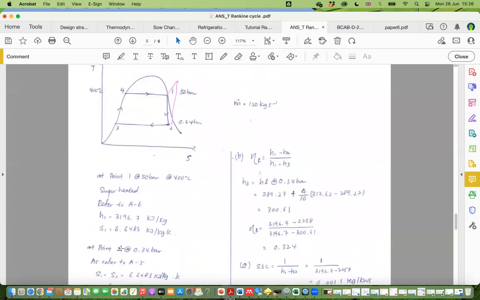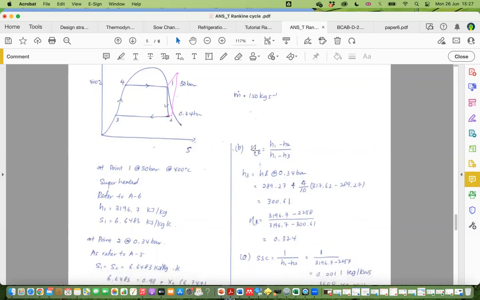I also need my enthalpy for h3. So I refer to the enthalpy of fluid at 0.35 bar and find the value.